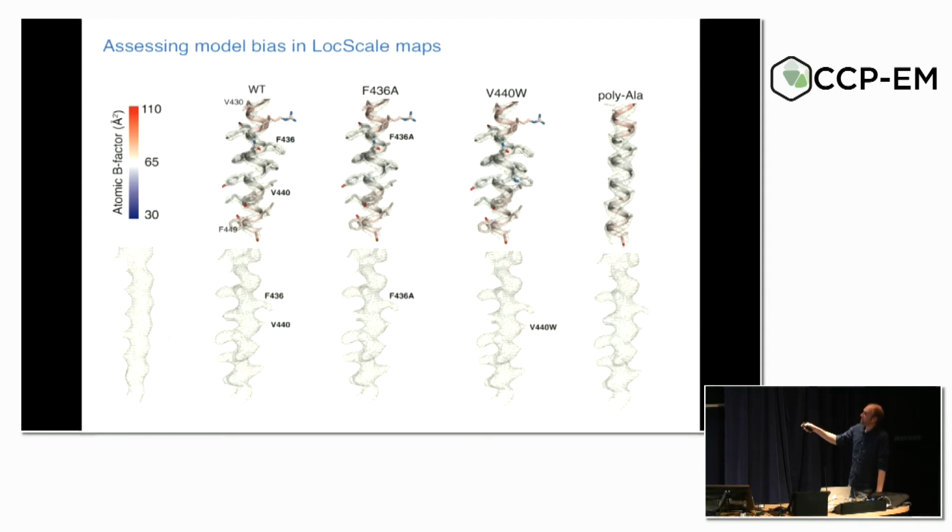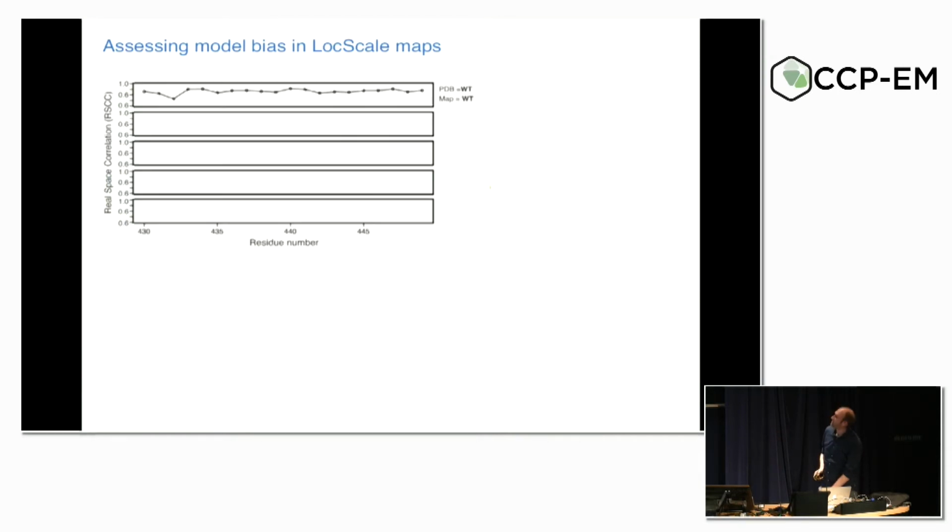But you can put this to more extreme, so you can take a polyalanine model, basically strip all the side chains off your model and generate a reference map, and then you use this reference map to scale the original reconstruction. Also in this case, you see all sidechain information coming up again. You see them a little bit attenuated because they are shown at the same threshold, and an all alanine model obviously has less scattering power than a model which has additional atoms in it.